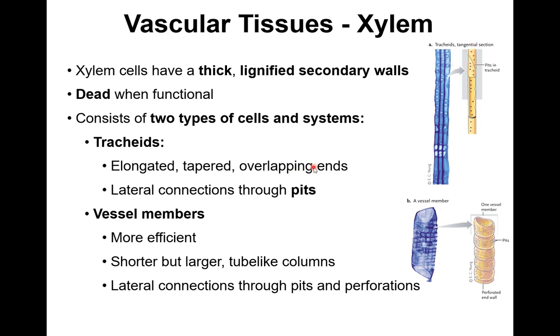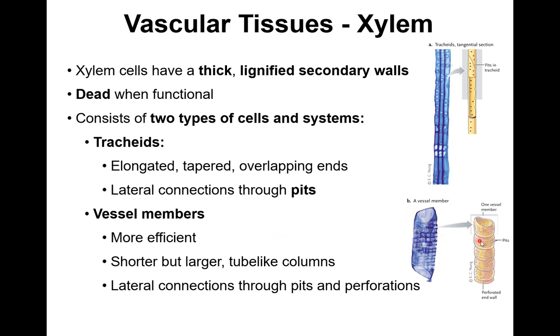The second type of xylem that you find is referred to as vessel members. These are dead cells too, but unlike tracheids, they are larger. It's more evolved. We mentioned that when we were talking about evolution of plants.